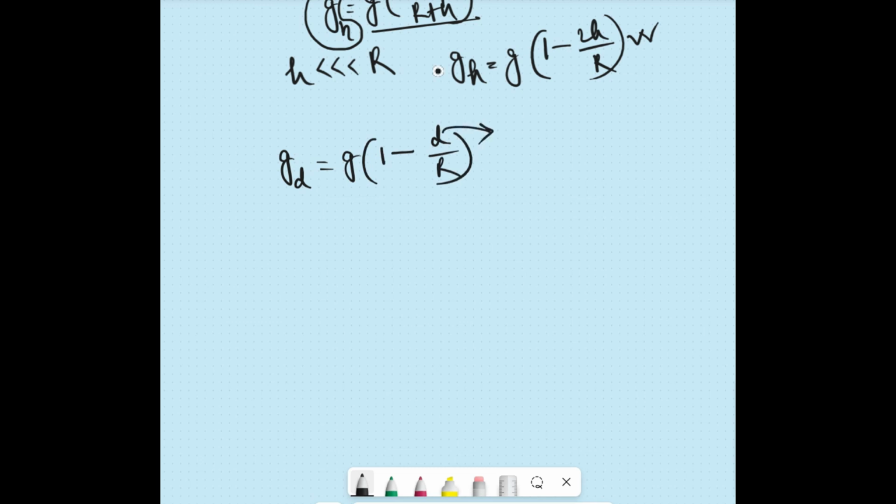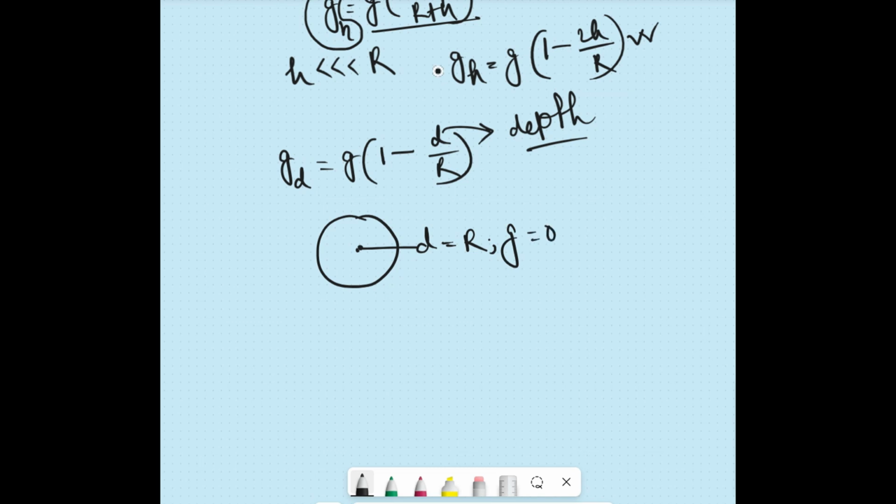This d is nothing but the depth. If this is the earth, then at the center d equals r, where g equals 0. In that case, g at depth equals 0.